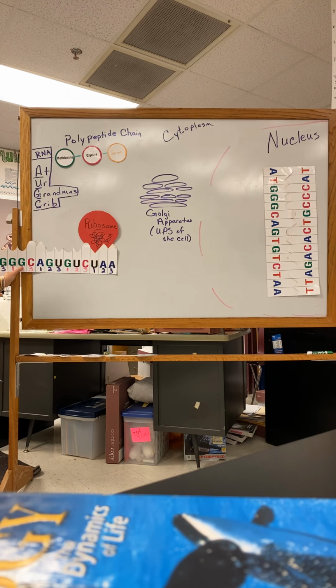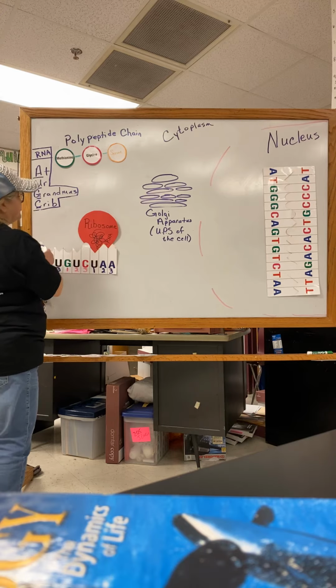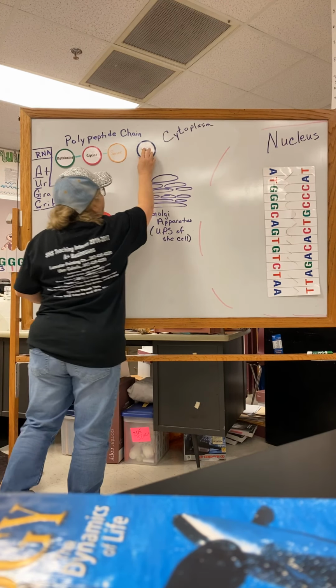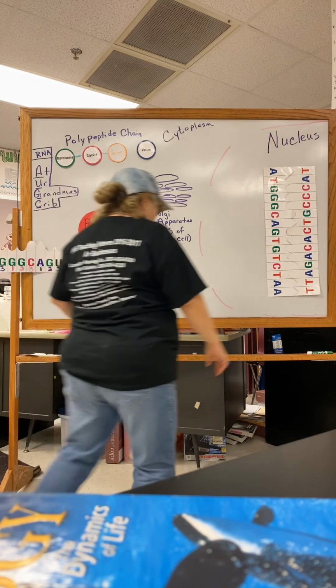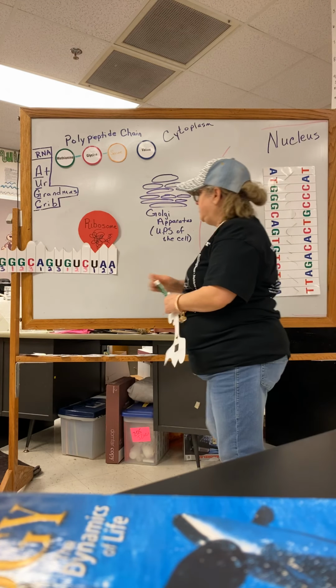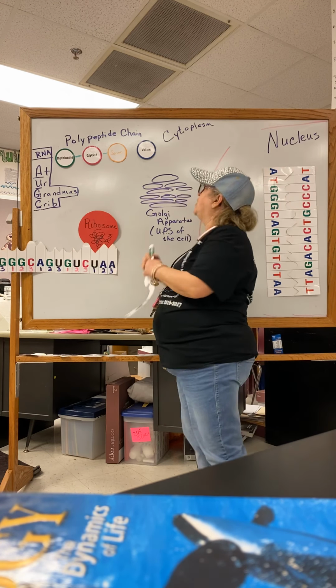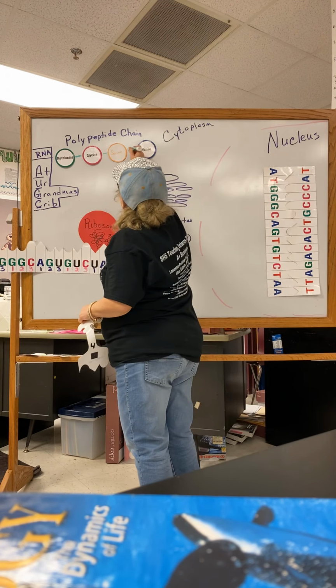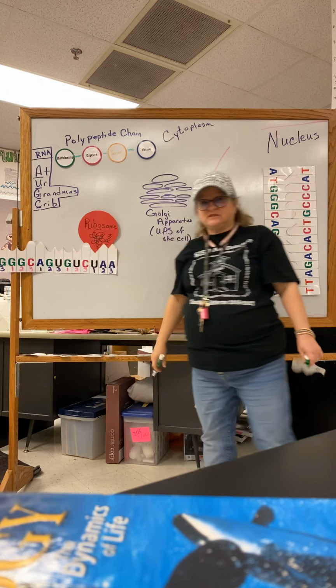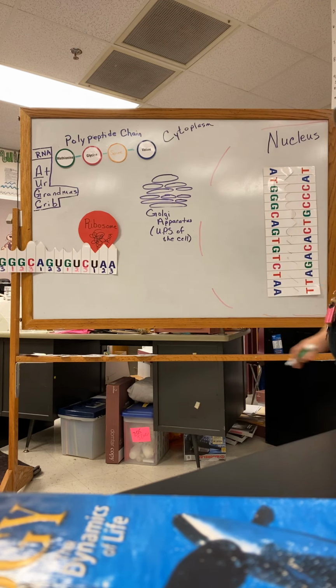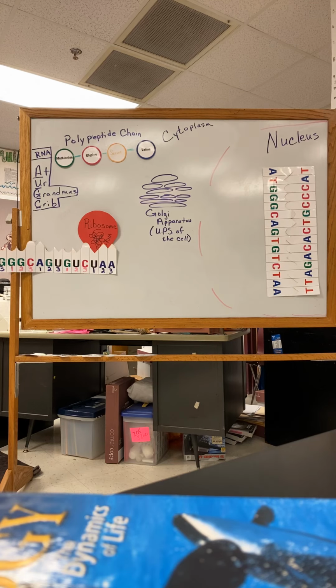So that tells you that after valine, and I forgot to put my valine up here, the UAA is the stop codon. And so when you come to any of the stop codons, there's 3 stop codons, the polypeptide is now complete.